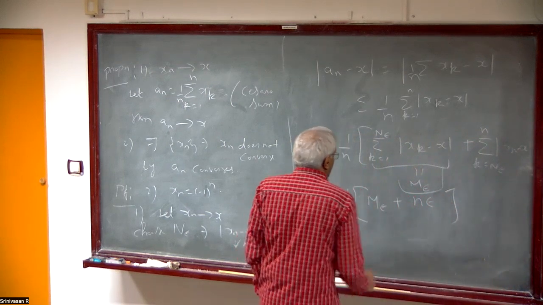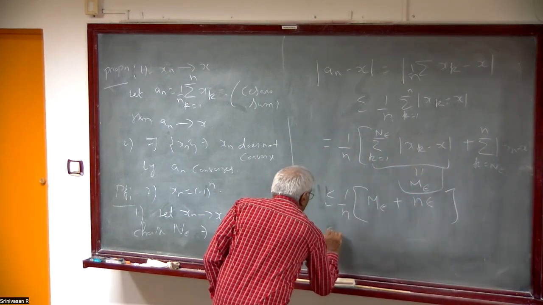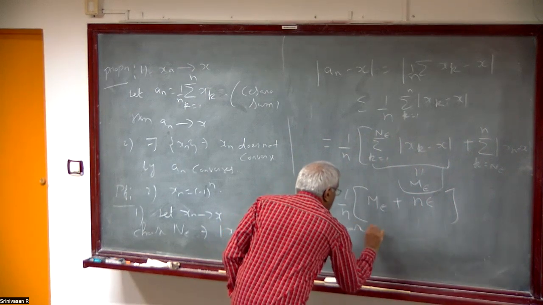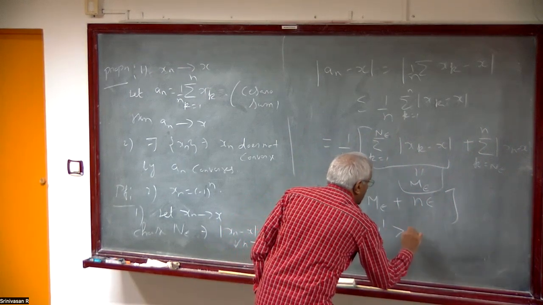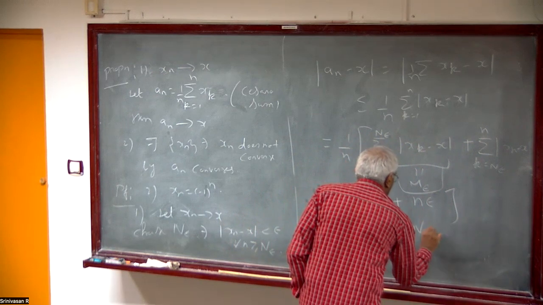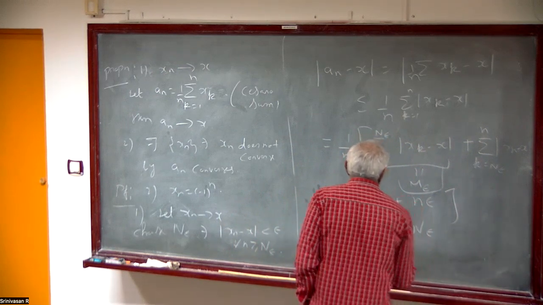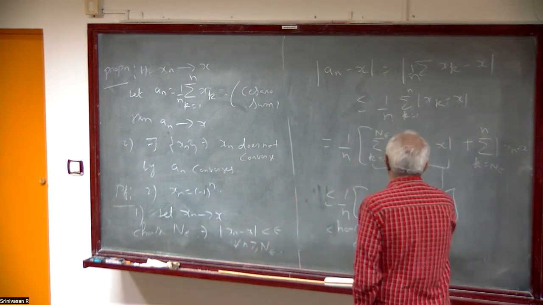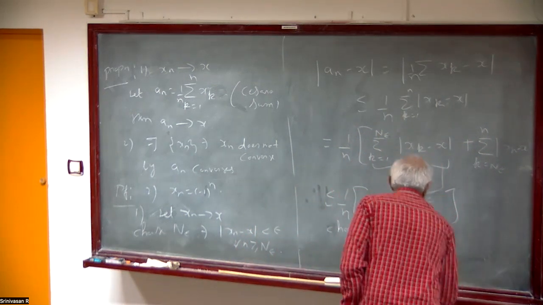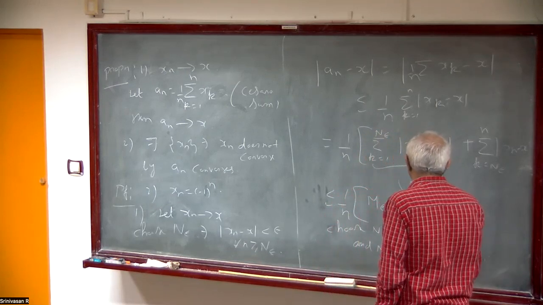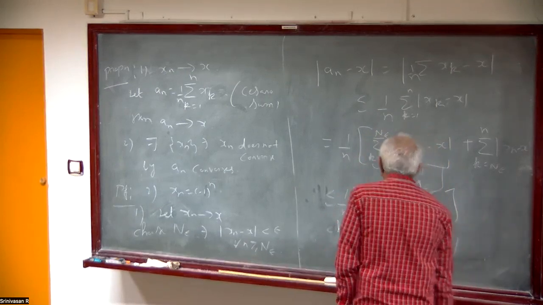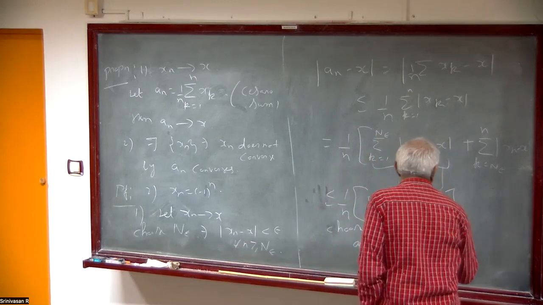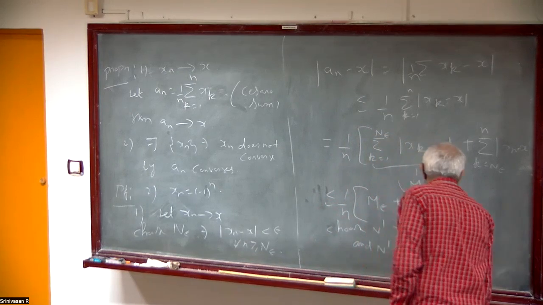Now I have to choose an N prime. Choose N prime greater than, of course, N epsilon, and N prime greater than M epsilon. M epsilon may be big, but I fix M epsilon, and then I will make N prime much bigger by epsilon.